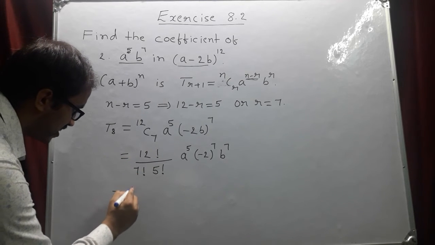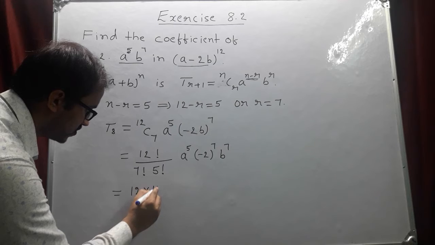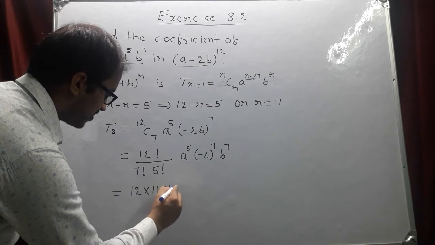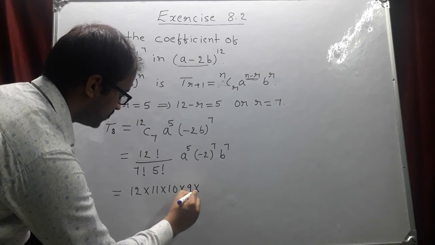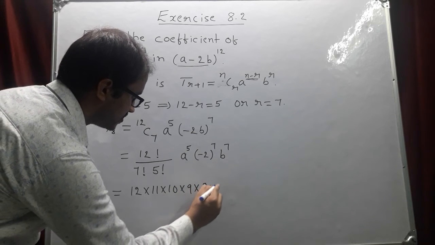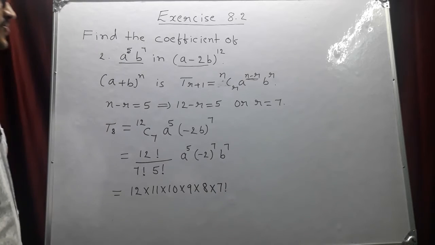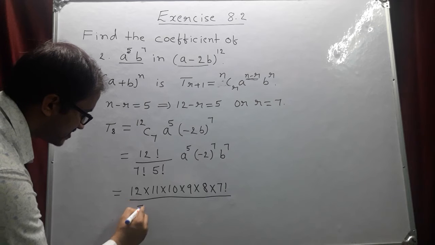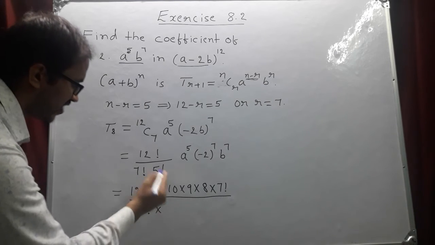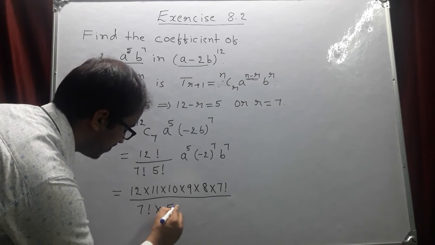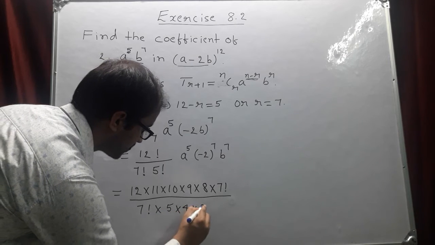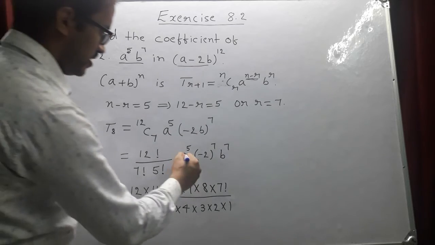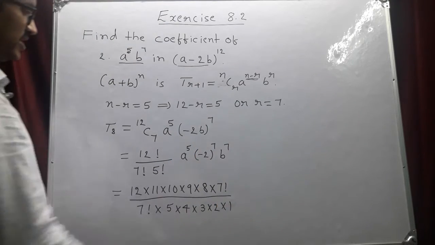So 12 factorial we can write as 12 into 11 into 10 into 9 into 8 into 7 factorial, divided by 7 factorial into 5 factorial. 5 factorial means 5 into 4 into 3 into 2 into 1, into minus 2 power 7.